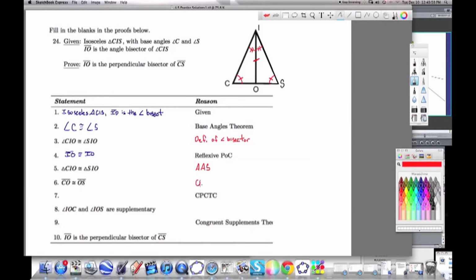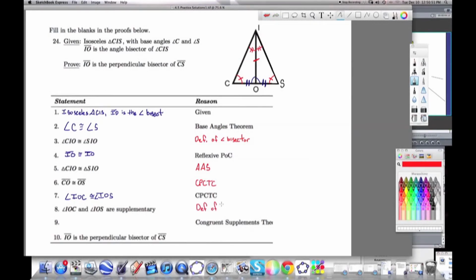And then I can say that segment CO is congruent to segment OS because of corresponding parts of congruent triangles are congruent. And then I can again say angle IOC is congruent to angle IOS because of CPCTC, corresponding parts of congruent triangles are congruent.